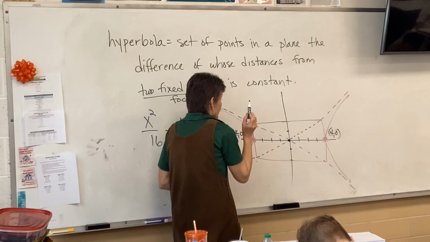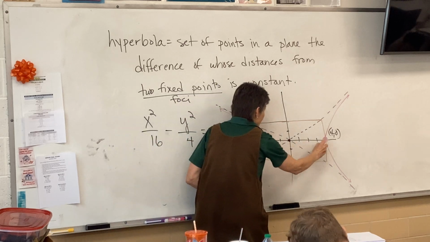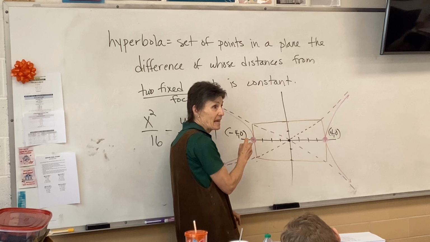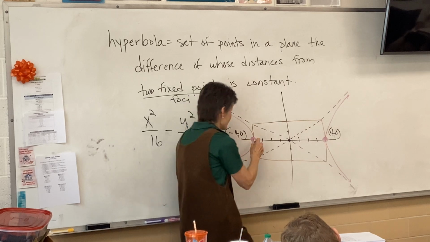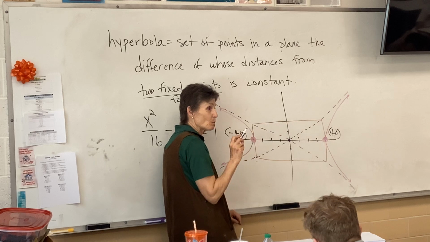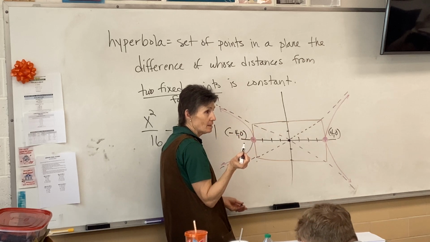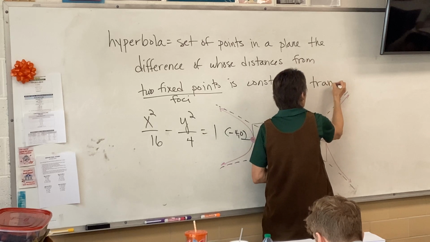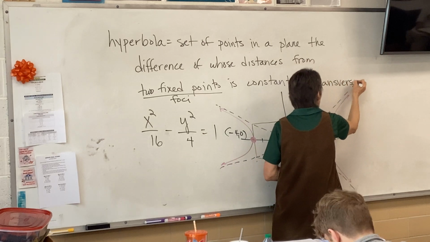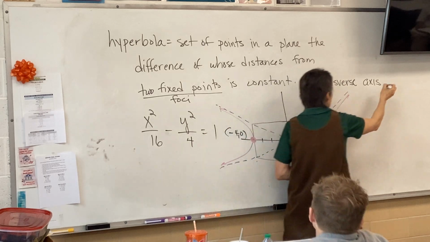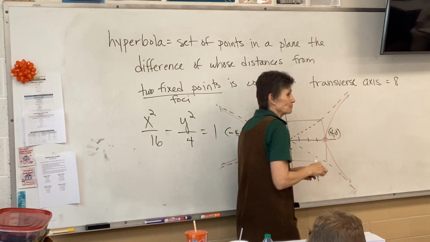Now, would you agree that this right here, connecting the pink dots, that is 8 long? This is 8 long. And yesterday when it was an ellipse, we called that the major axis. Well, today we're calling it the transverse axis. In a hyperbola, it's called the transverse axis, and it is 8 units long.